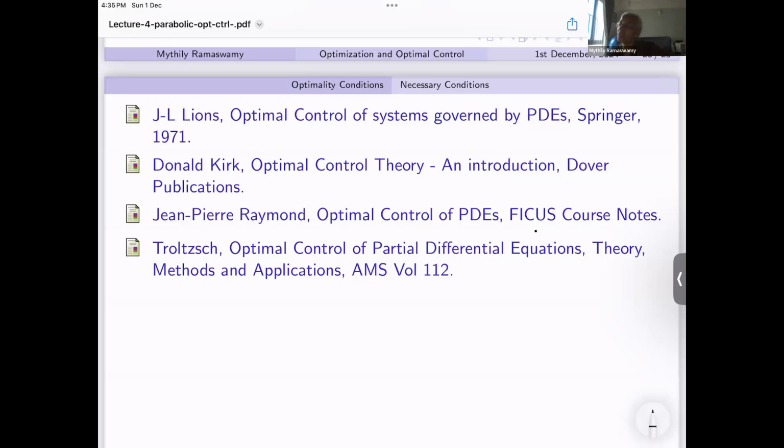It still exists on the Fikus website probably. Fredi Tröltzsch is Optimal Control of PDEs: Theory, Methods and Applications. My slides are very much based on Tröltzsch's book, so you may be able to find all the details, in particular the Green's formula and the calculations, in Tröltzsch's book.